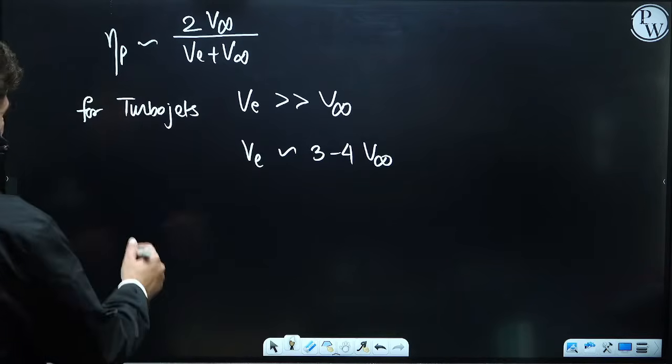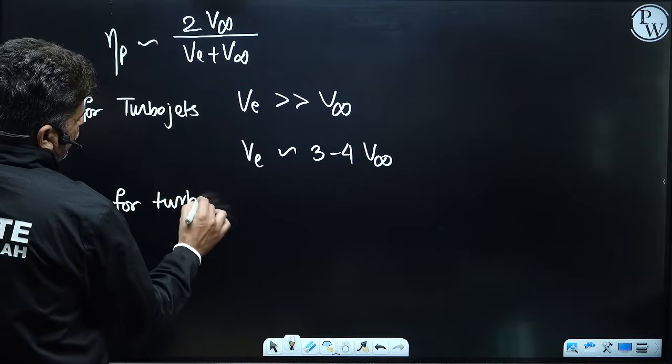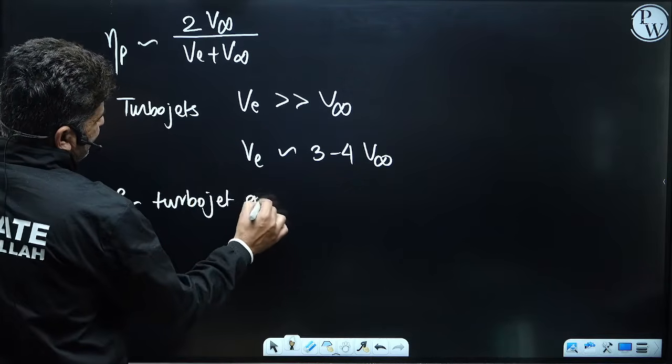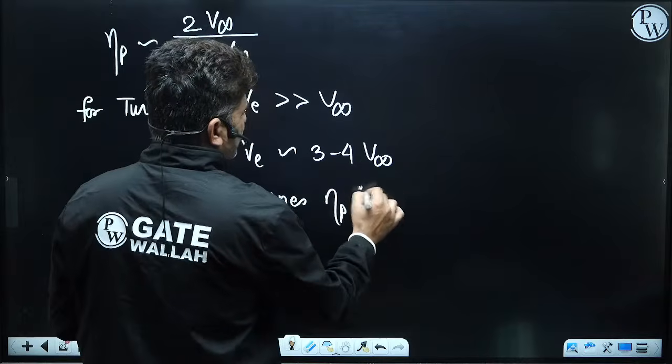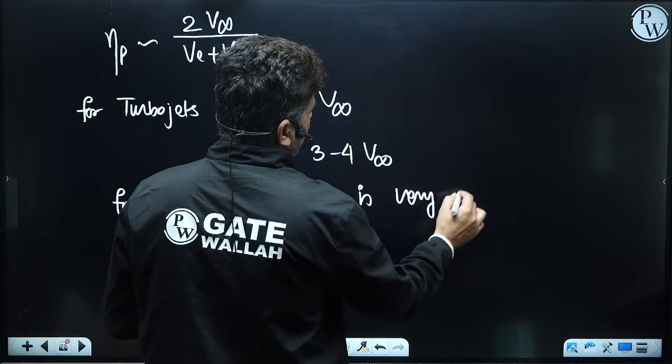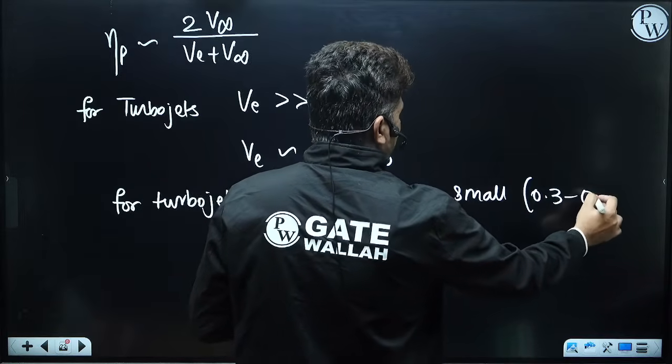So for turbojet engines, the propulsive efficiency is very small. It could be in the range of 0.3 to 0.5.